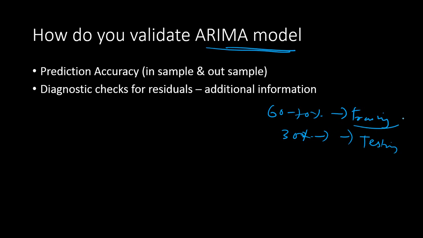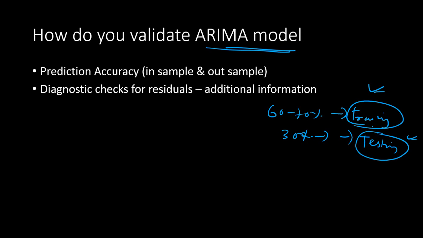Then you build a model on the training sample and test it on the testing sample. If there is consistency in the model results, then it's a good model. That's the usual way of doing it for multivariate models.